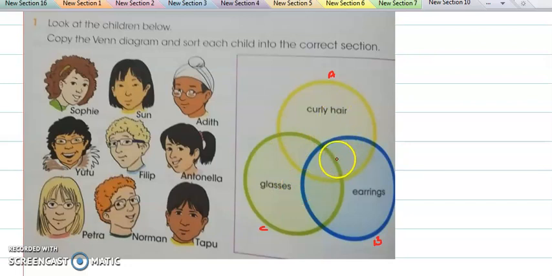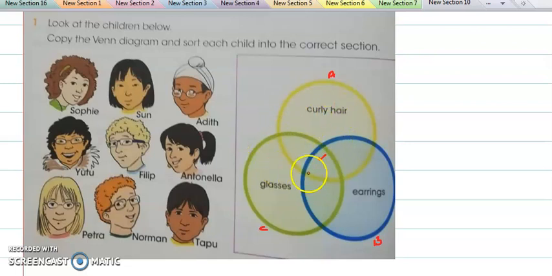If I look at this region, where my pointer is right now, this region will be the common part for A and B. This region, including blue and green, will be the common region for B and C. And this region, for green and yellow, will be the common region for A and C. And this region which I'm going to tick here is for all three.